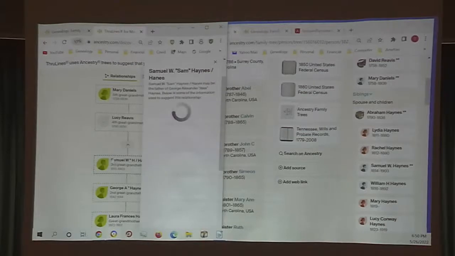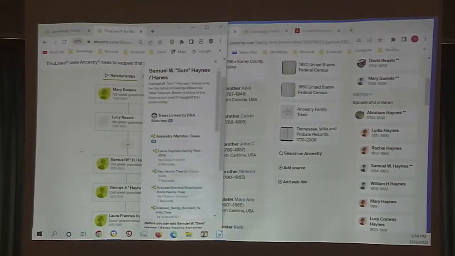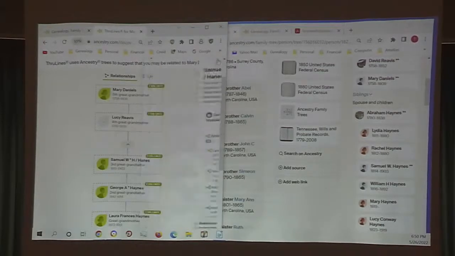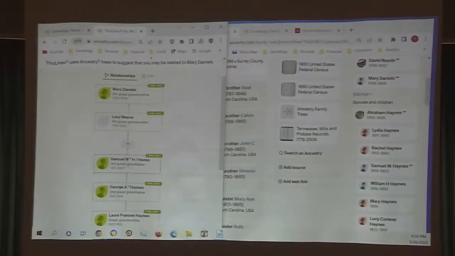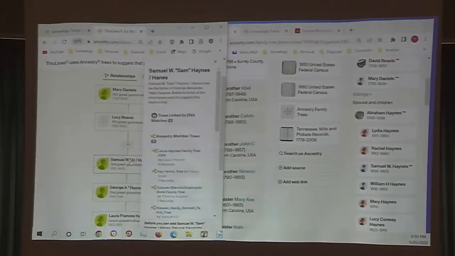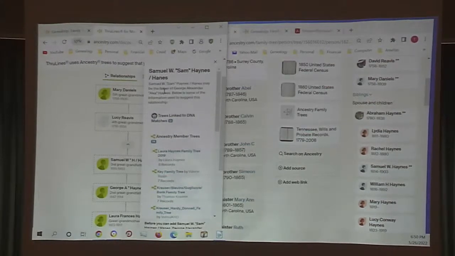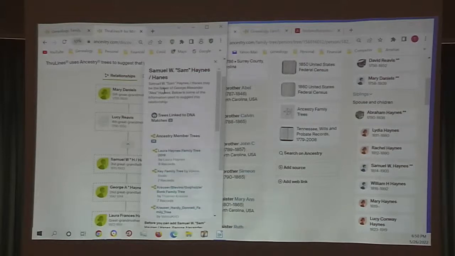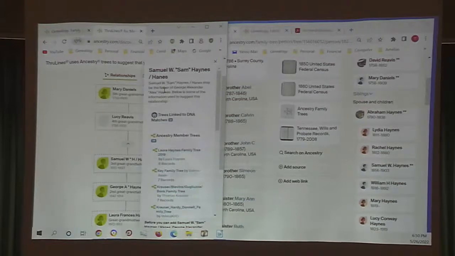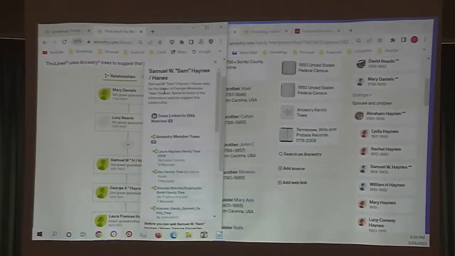Okay. So here it just says, if I close this, I just want to close this for a second. This says Samuel W. Haynes. Okay. But if you click on the name in a through line, it may give you more information than what you see in that little box down there. So you may get a middle name, you may get additional information by clicking on that particular box in the through line. All right.